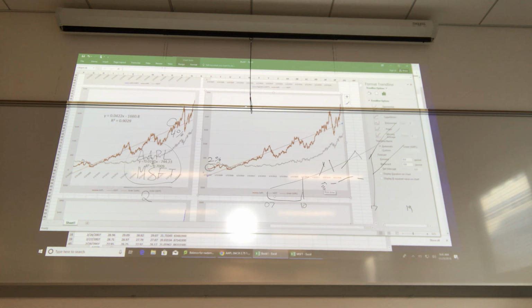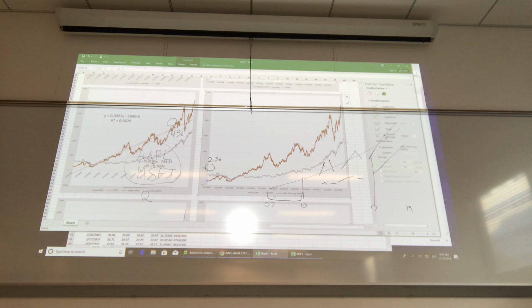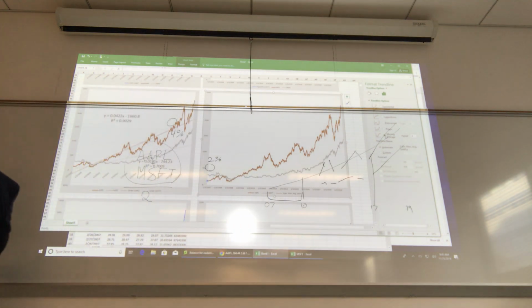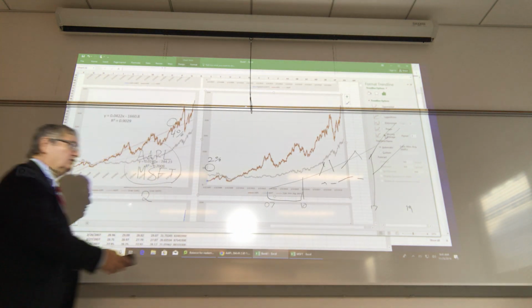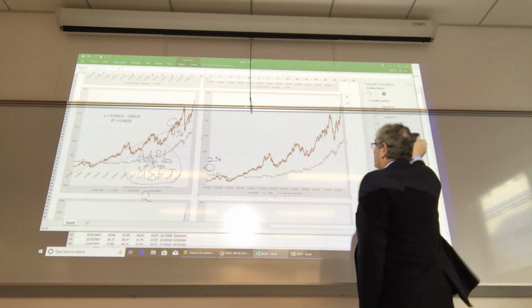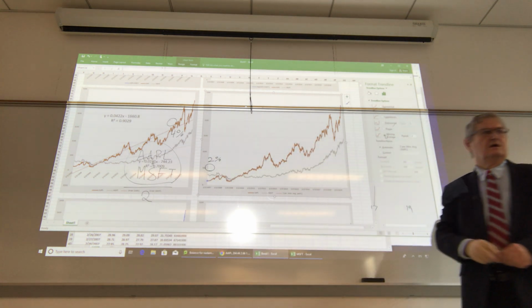What else do you have in the book? You have a moving average. What is a moving average? A moving average is that instead of taking all of them together, you look at one particular range and you find out what is the average on that particular range.